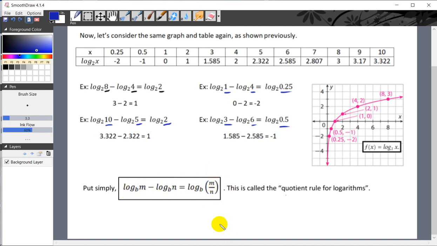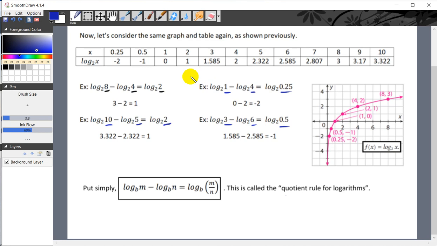You can try this with a whole bunch of examples if you wanted to. You could do log base 2 of 10 minus log base 2 of 2, and you get 10 divided by 2, which should be log base 2 of 5, for example.